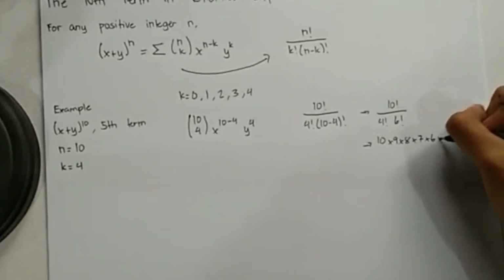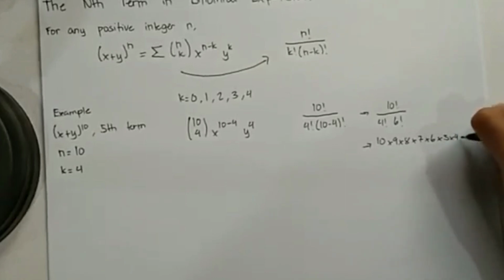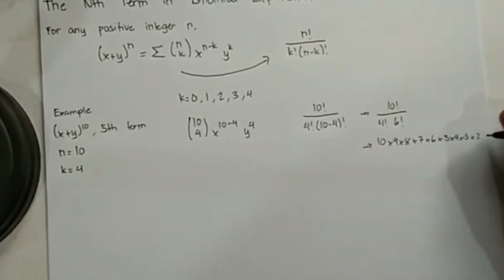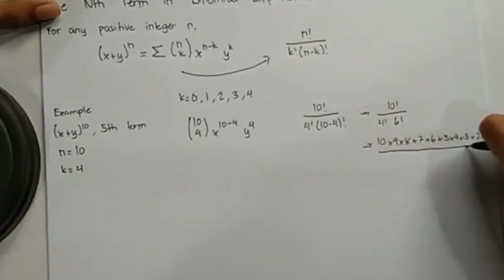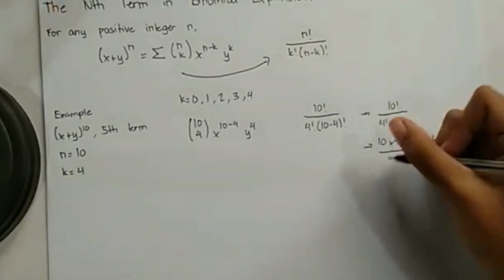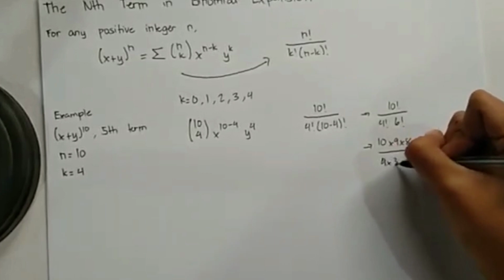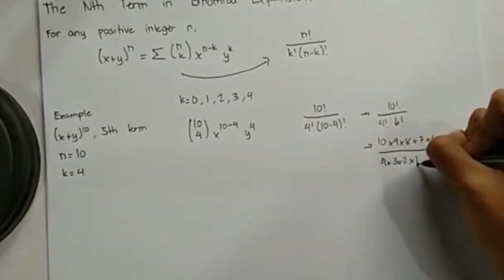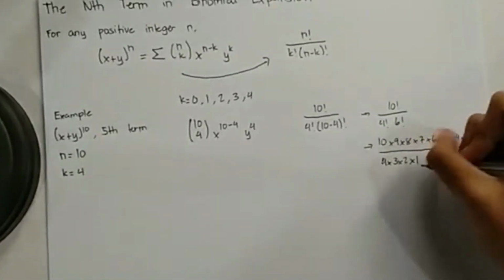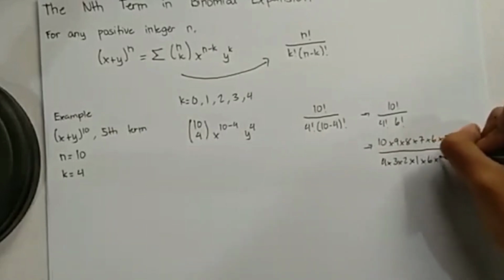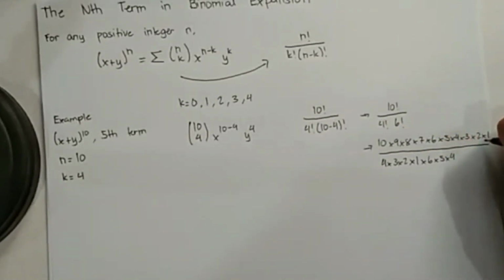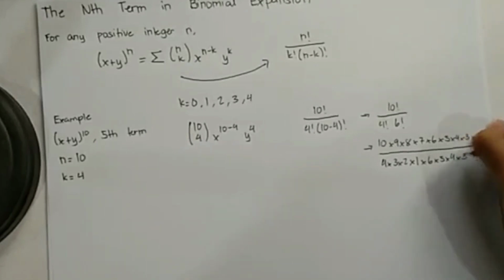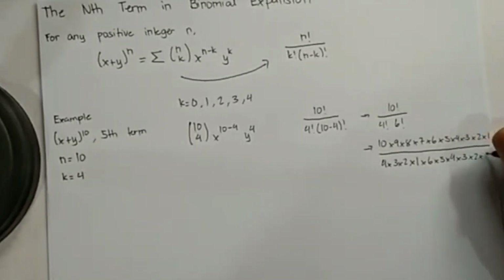So times 6 times 5, 4, 3, 2, and 1 over 4 factorial, so 4 times 3 times 2 times 1, then 6 factorial, so times 6 times 5 times 4 until we multiply it again by 1. So times 4 times 3 times 2 times 1.